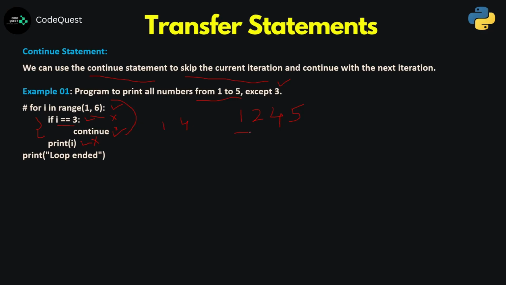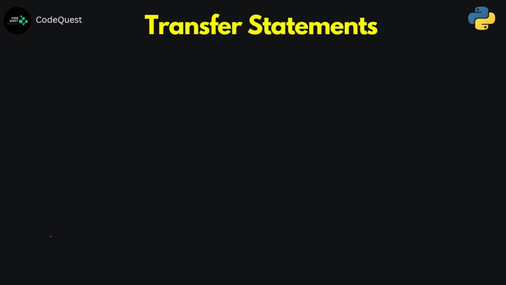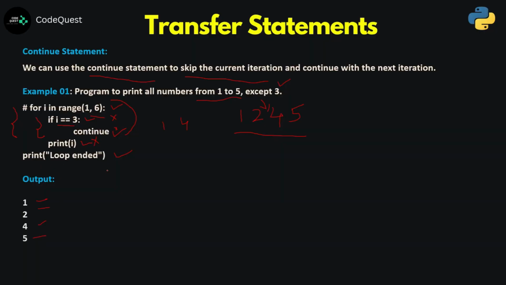Hence, my for loop is going to produce 1, 2, 4 and 5. And what I have skipped here is 3. That is possible because we have used the continue here. And after this for loop is ended, obviously the next statement will execute. That is 1, 2, 4, 5 and loop is ended.